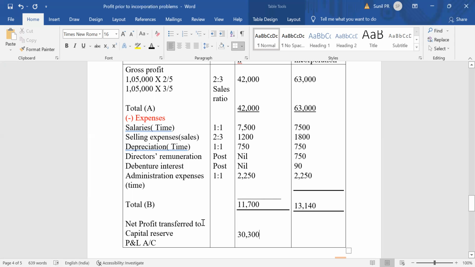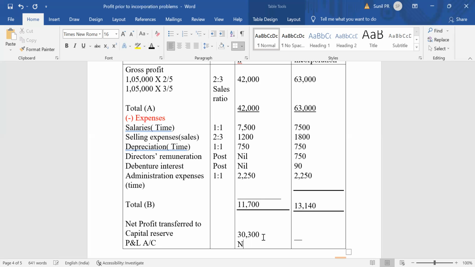But for the pre-incorporation period, you will show it as capital reserve. So in the post-incorporation, there won't be capital. Now, in the P&L account, in the pre-incorporation, there will be nil.